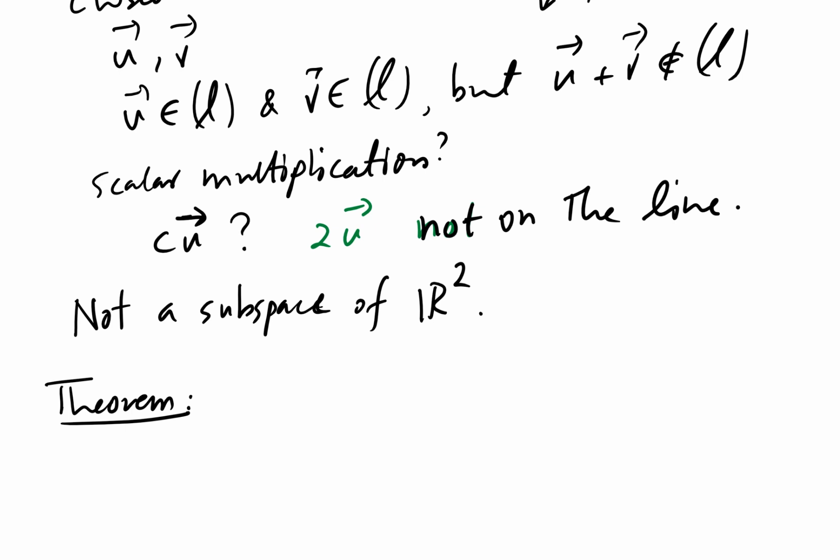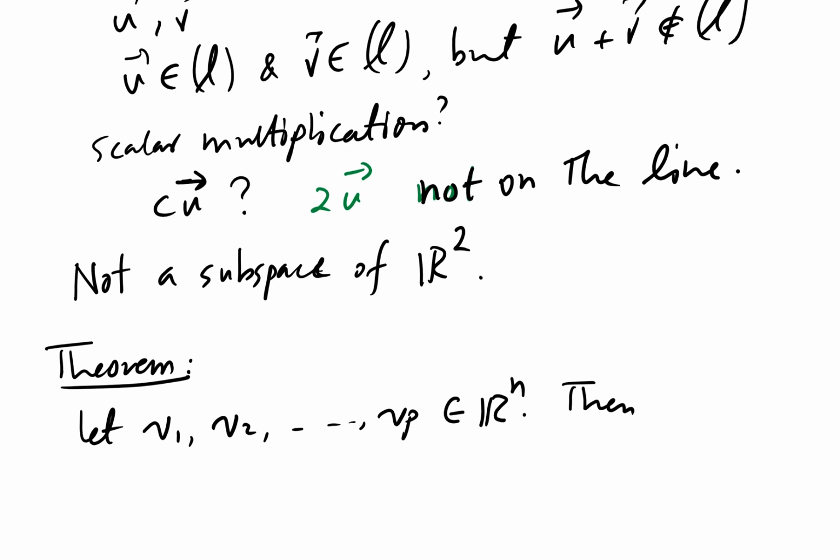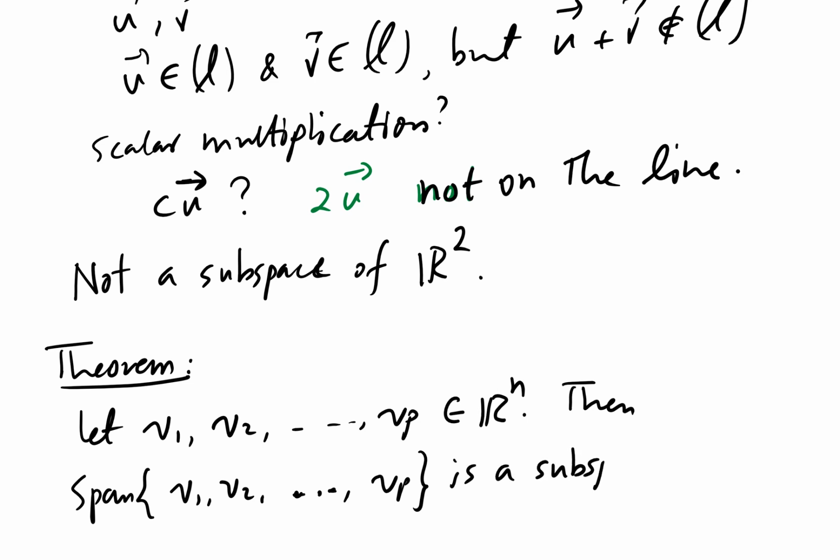We may move on now to a theorem. Let v1, v2, all the way to vp be vectors in Rn. Then the span of these vectors, v1, v2, all the way to vp, is a subspace of Rn.